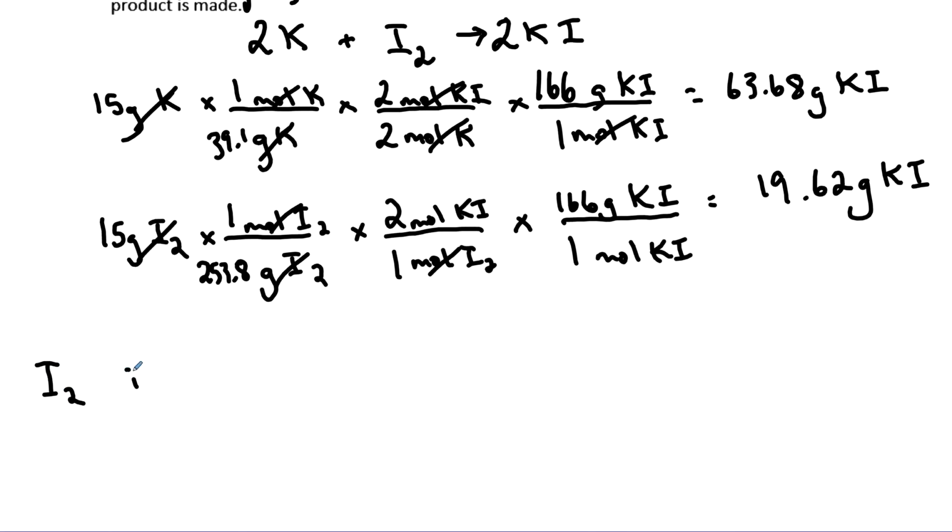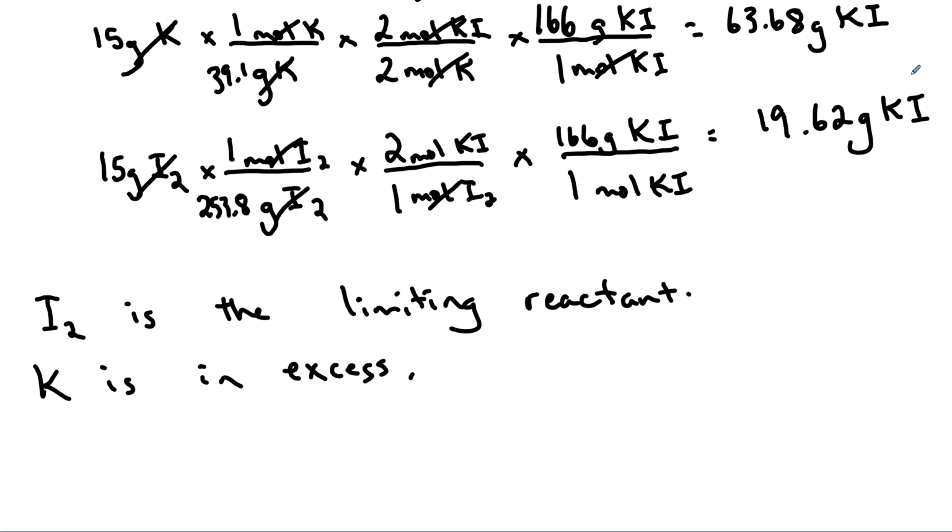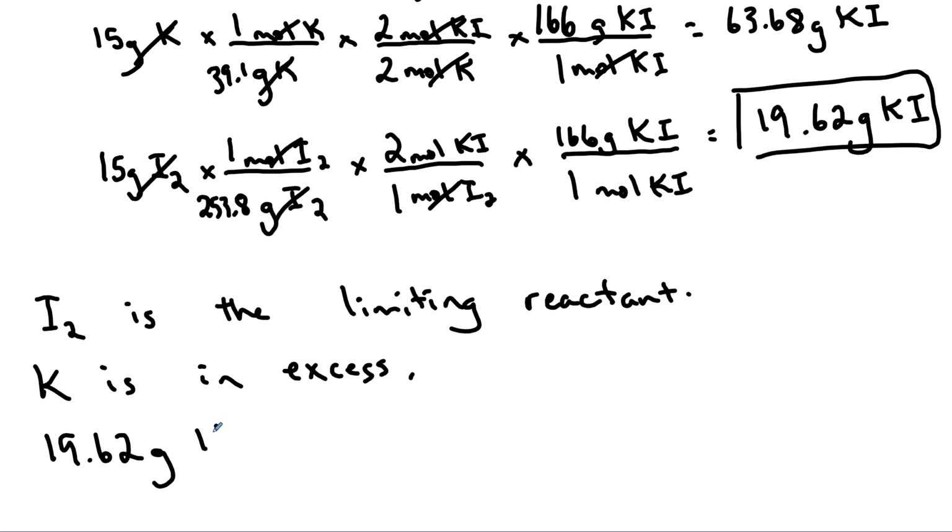So iodine is the limiting reactant, which means potassium is in excess, and the amount of product that we can actually expect to get is this amount here. So 19.62 grams of KI is produced.